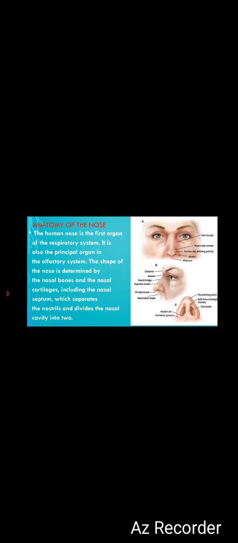So it has the nasion, nasal bridge, supratip, tip break and tip of the nose. Inferior to the tip of the nose, the columella divides the nose into two parts, that is nostrils, right and left.